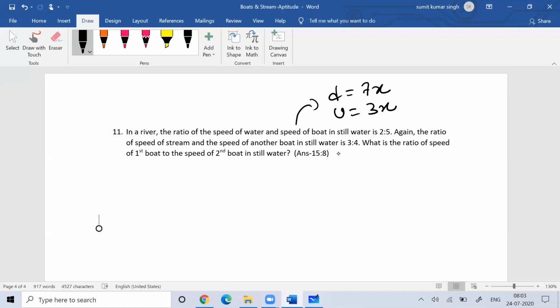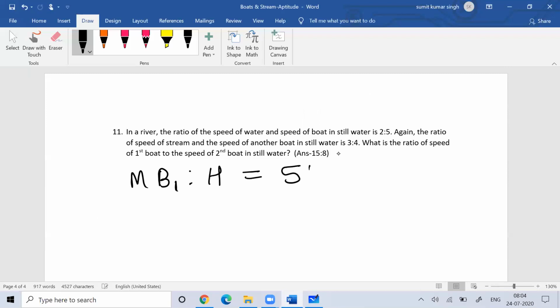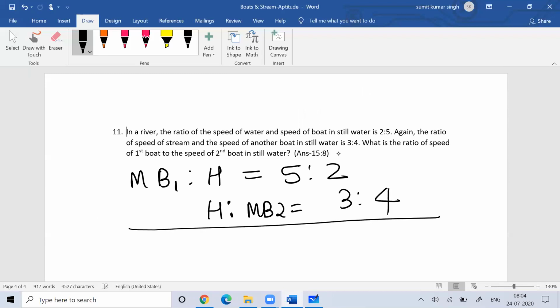So there's one motorboat, so you can ignore that 7x and all. You can say that motorboat one's ratio with the water is 5:2. Similarly, the ratio of the stream with the other motorboat, motorboat 2, is given to you as 3:4.